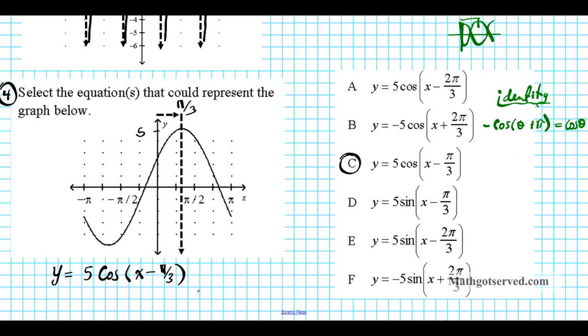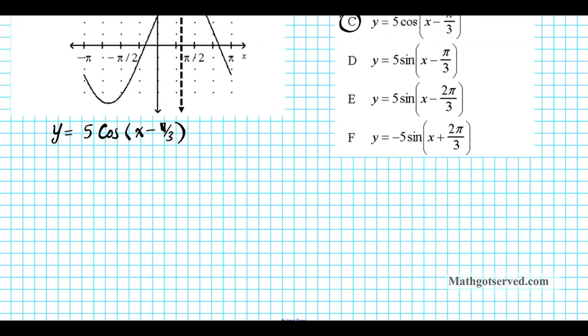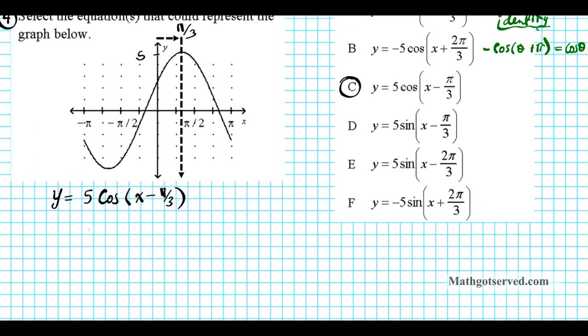So let's do that here to see the negative cosine equivalent of the result that we got. It's going to look like this: y equals negative 5 cosine. Now that I have changed my cosine to negative, to compensate for that change and have exactly the same function that I started with, I need to add pi to my angle. To finish it off, we put this over 1 and multiply by 3 top and bottom.